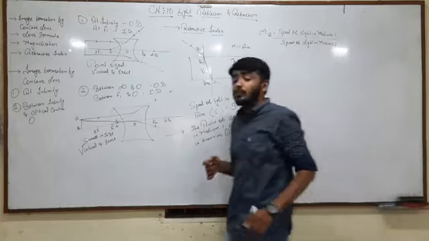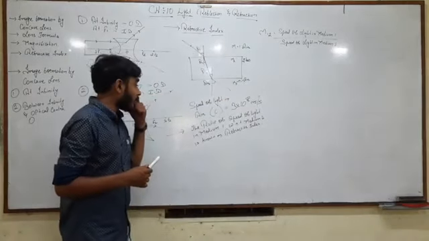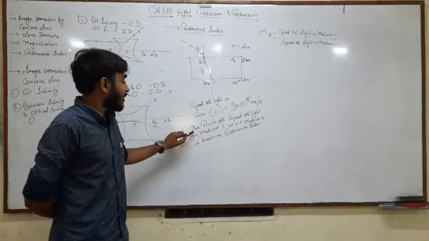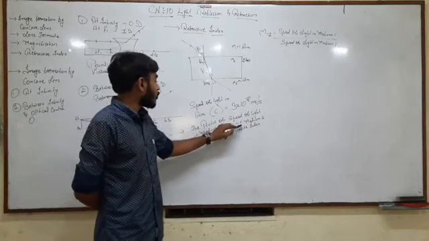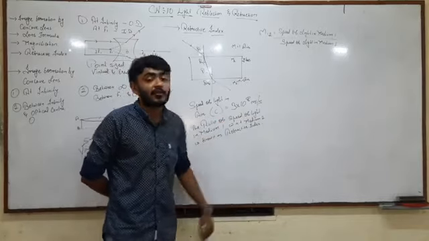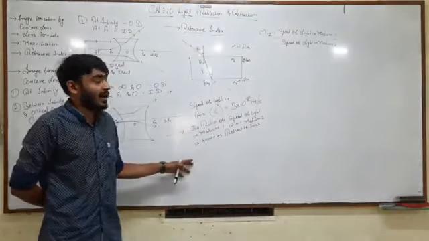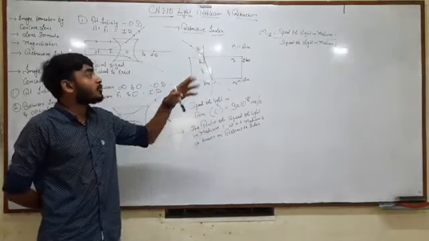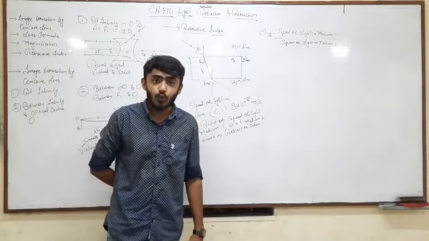Fine students, so this is what we call refractive index. The definition of the refractive index is the ratio of speed of light in medium 1 with respect to medium 2. N12 is equal to speed of light in medium 1 upon speed of light in medium 2.